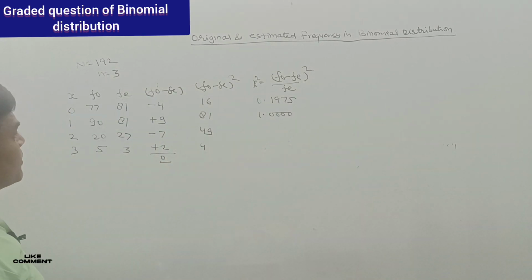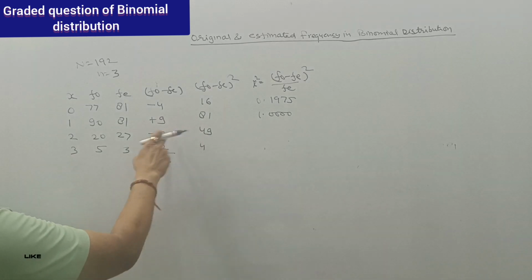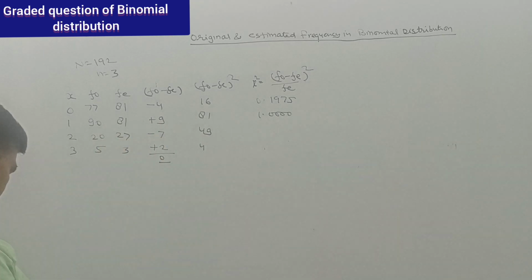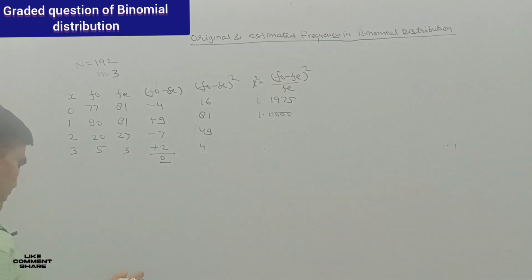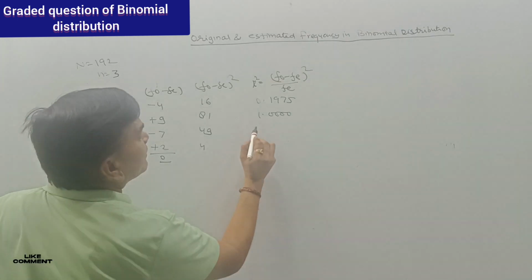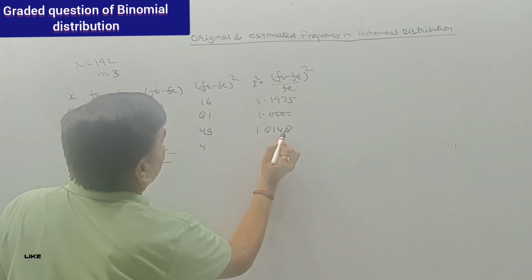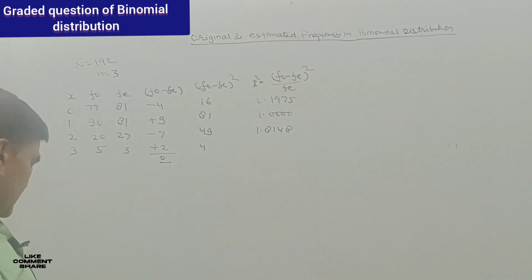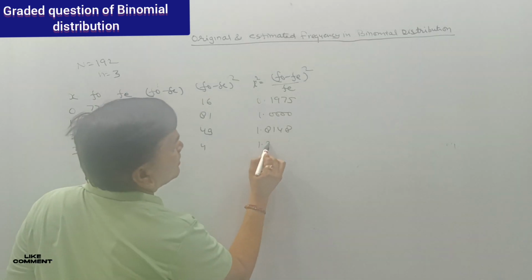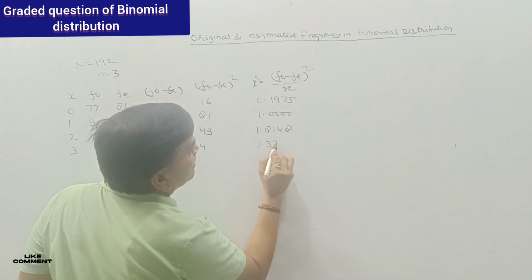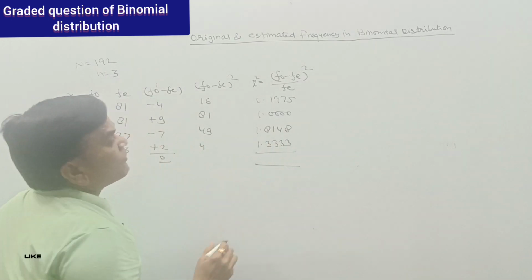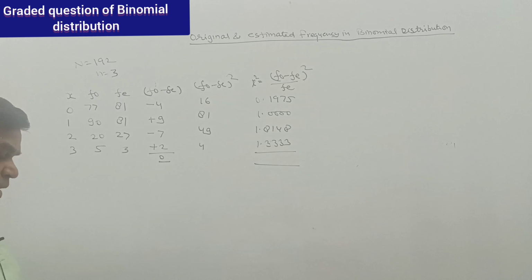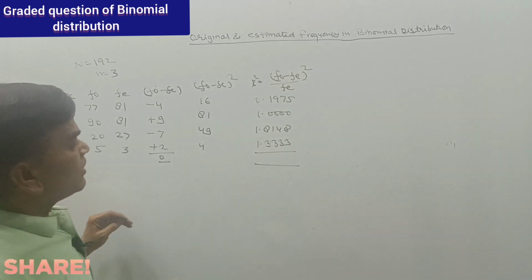The third one is 49 divided by 27, which is 1.8148. The fourth is 4 divided by 3, which is 1.33. So the value of chi-square will be 4.3456.